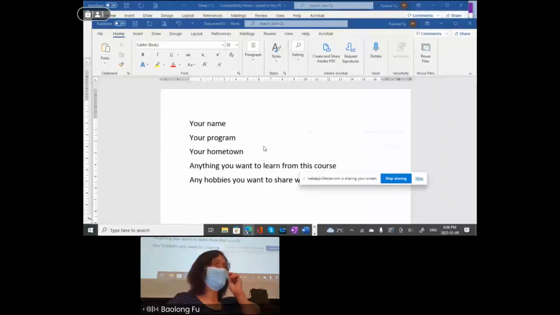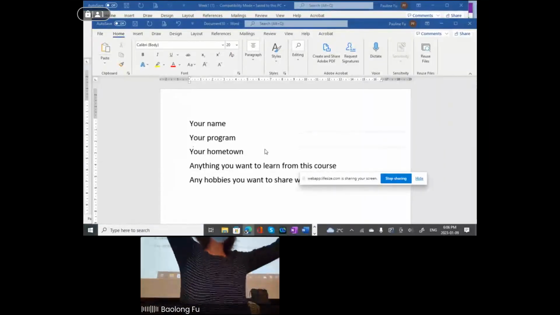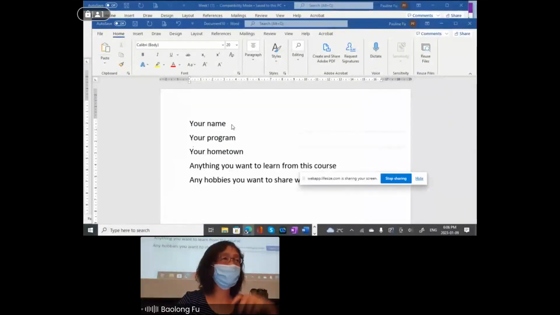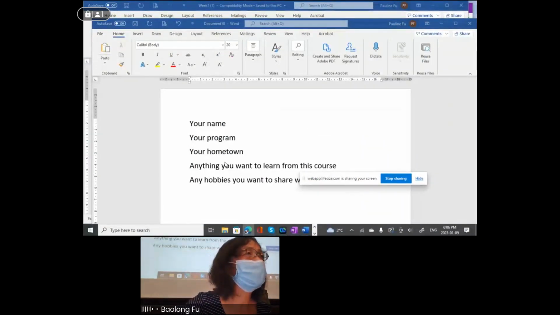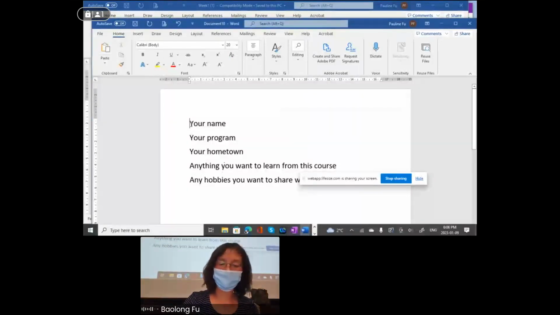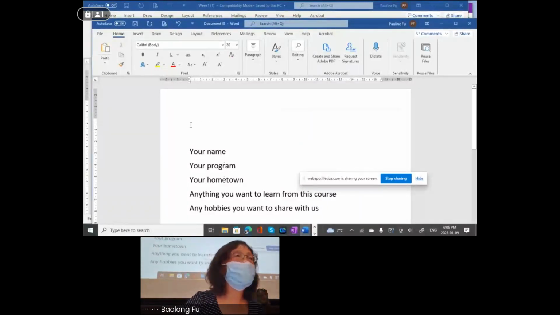Form a group, just turn to the 3, 4, 5 students around you. Say your name among the group, your program, your hometown, and anything you hope to get out of the course. Any hobbies you want to share with us. And this will take about 6 minutes. Okay, go. Form a group, 6 minutes. And you can write down each other's contact information.